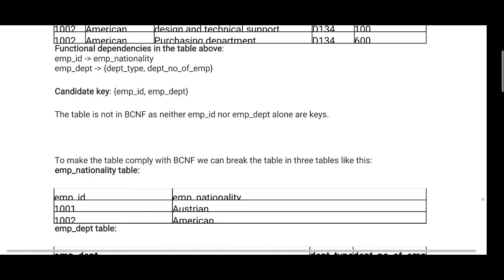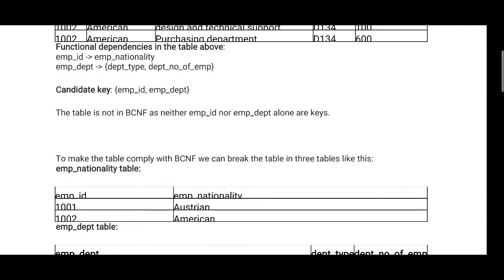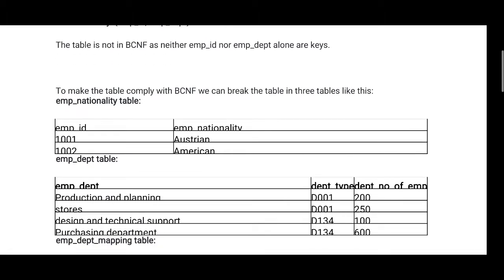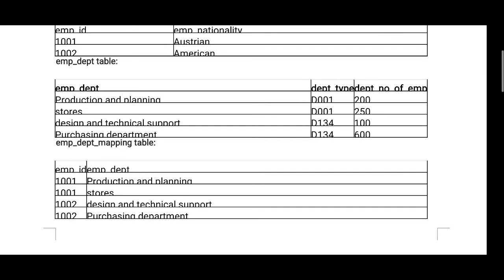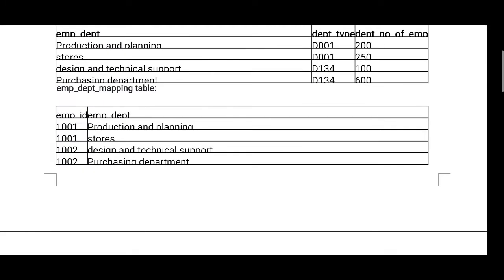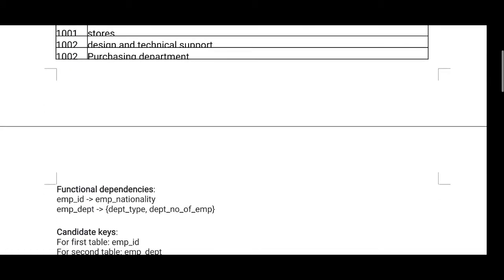To make the table BCNF, we have to break the table into three tables: employee nationality table with employee ID and employee nationality, and employee department table. Here in the employee department table we have employee department, employee type, employee number. The next one is the employee ID, employee department mapping table.